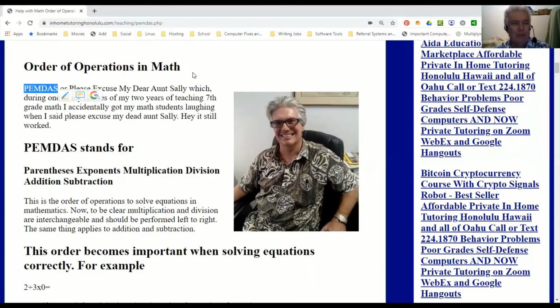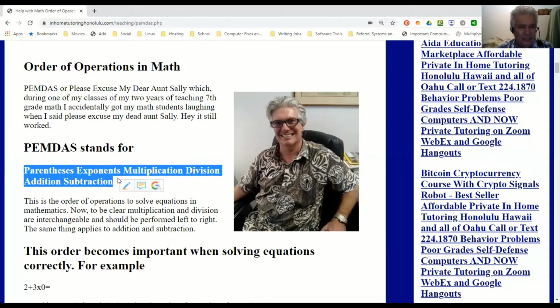Let's remember PEMDAS. As an acronym, you can remember it as "Please Excuse My Dear Aunt Sally." What PEMDAS actually stands for is parentheses, exponents, multiplication, division, addition, and subtraction.